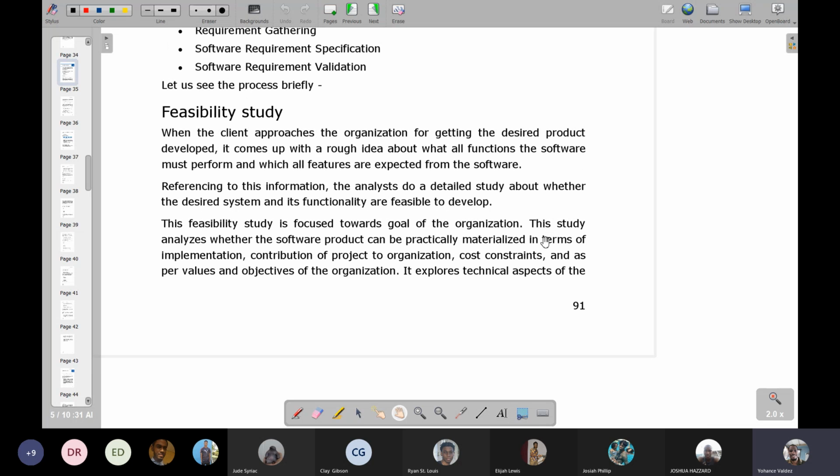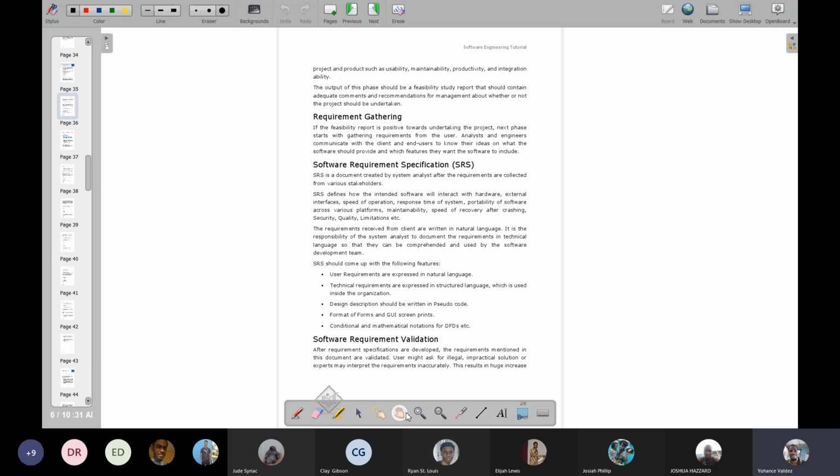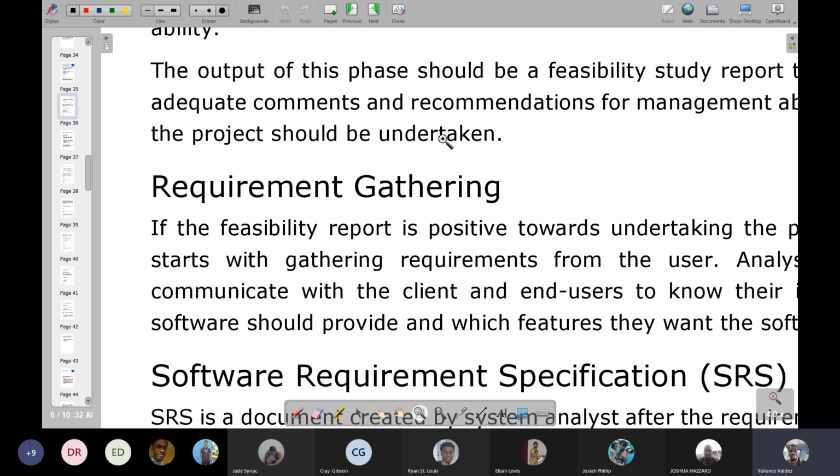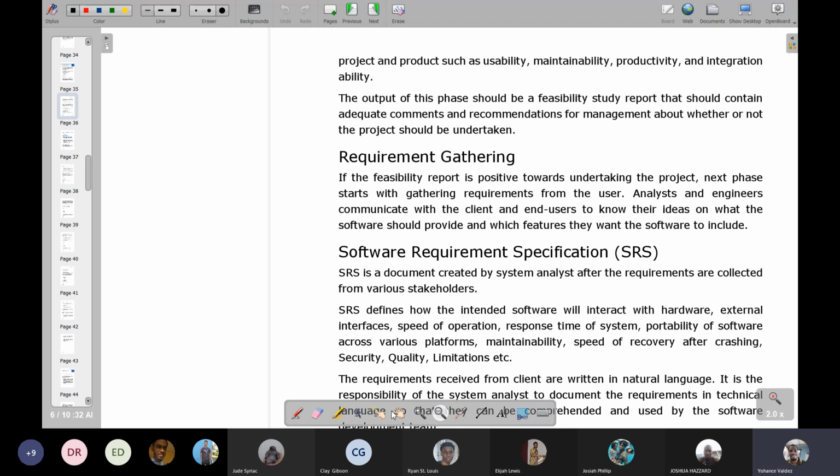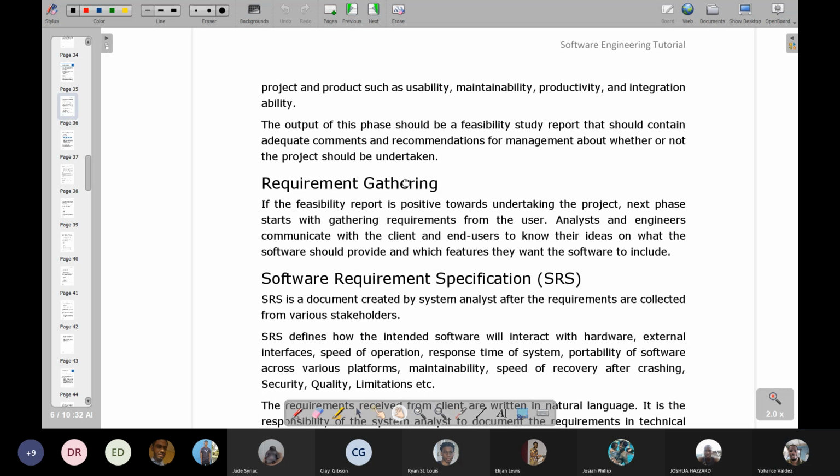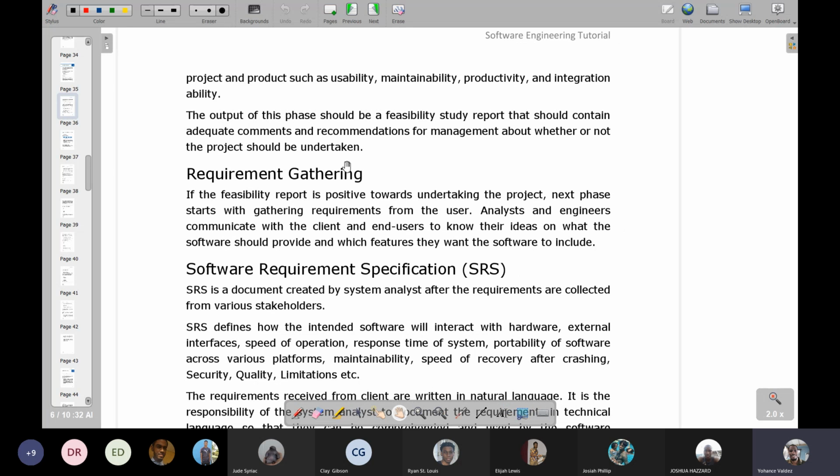We need to figure out whether this system could be developed, whether it could be maintained, whether we could pay for it, what value it brings, and whether the technology exists. Really and truly, how much we could get out of it.